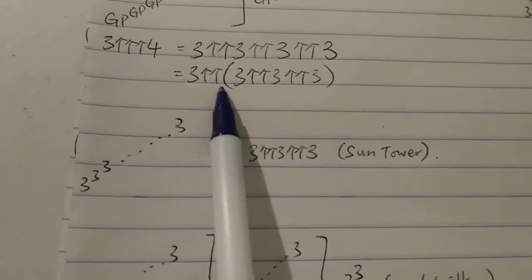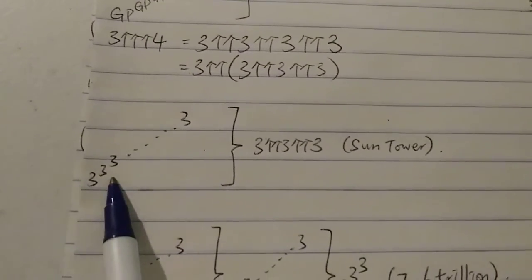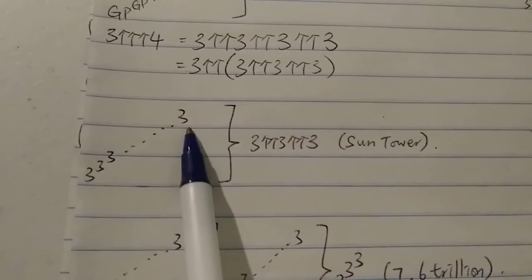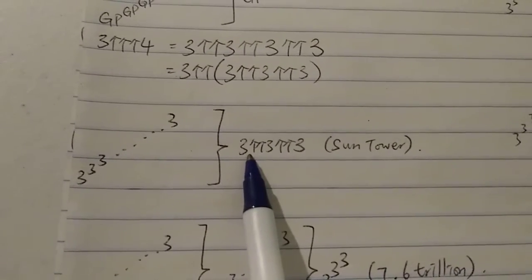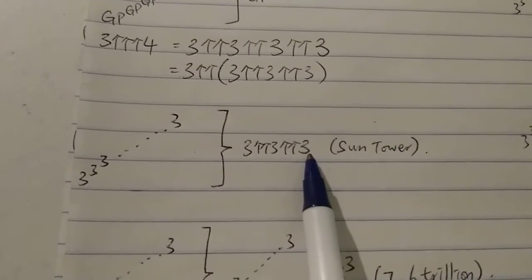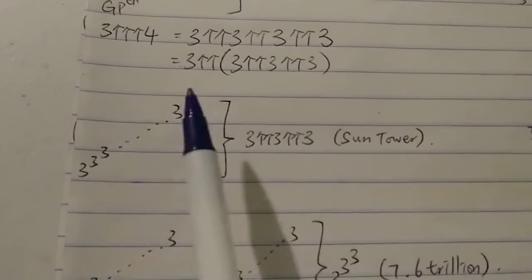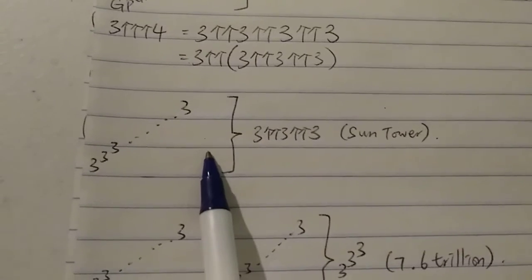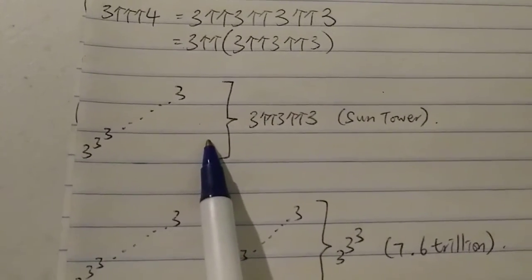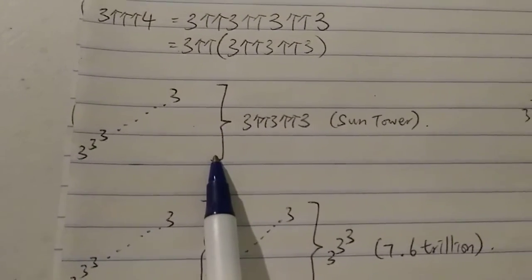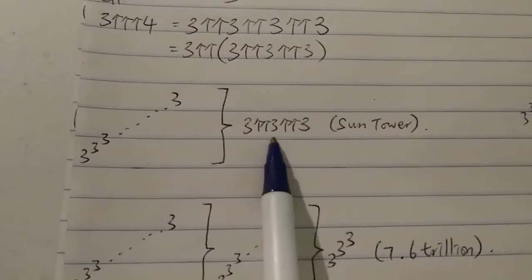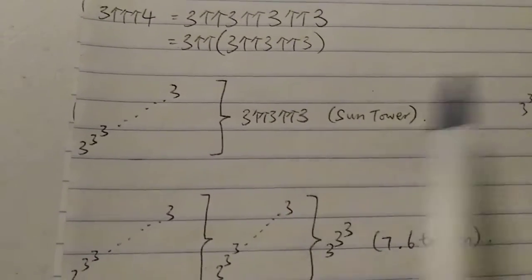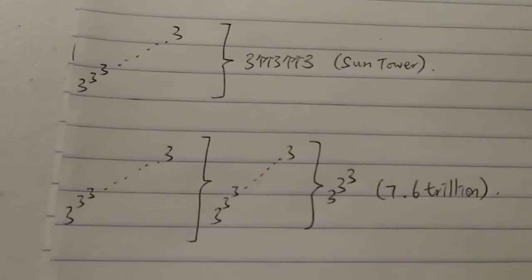So this equals 3 to the 3 to the 3 to the 3, and so on, and there are 3 double arrow 3 double arrow 3 levels. It's a lot of threes. It's a very tall tower. This is the height of the tower itself, and we know this number is very, very big, way bigger than a Googolplex, of course.